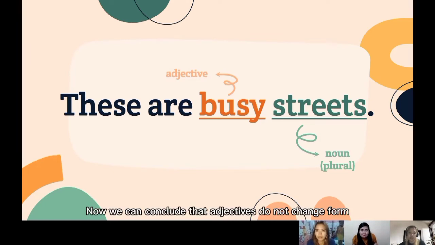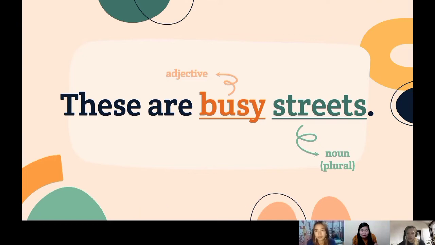Now, we can conclude that adjectives do not change form to agree with the noun. Just like with the previous sentence, when the man changed the gender to woman, the adjective did not change. And when the pluralization of the noun changed, the adjective also remains the same. Now, let's move on to the next sentence.